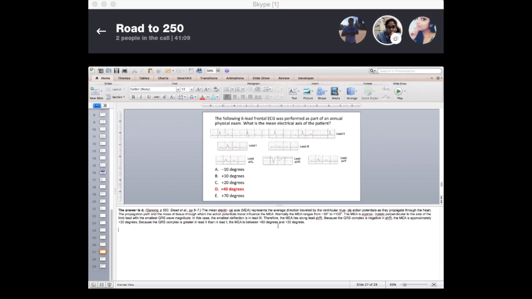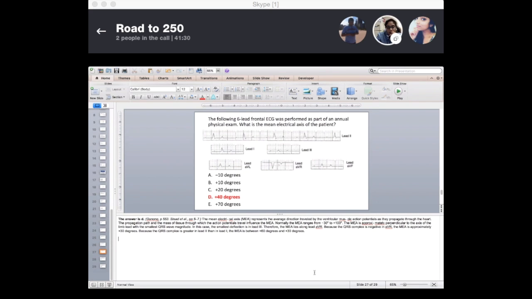Okay, well, these questions are a bit complicated. It requires knowing a little more, but you can start off with the simplified version of this question and then look closely at, as it says, the smallest deflection in lead 3.